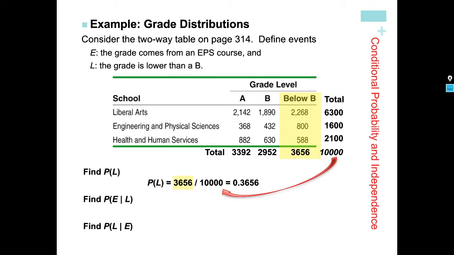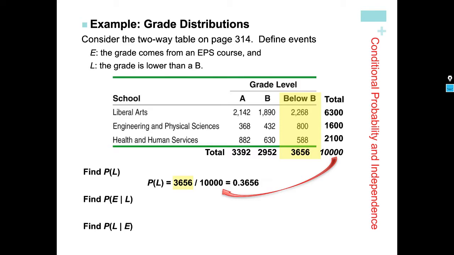So I'm saying I'm thinking of a person in this school, and the first thing I'm going to tell you about them is that they are below a B. They are in my below a B group. What are the chances that they are out of the engineering and physical sciences group?